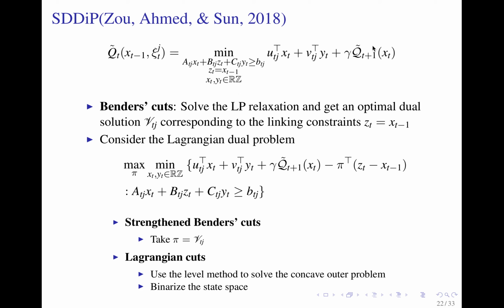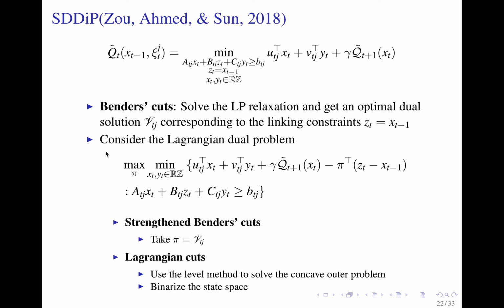So the simplest way to solve this problem is to consider its LP relaxation and just use the Benders cuts, but the Benders cut can be very loose. A much tighter cut is to relax this linking constraint z_t equals x_{t-1} and consider the Lagrangian dual problem, which is the max min problem.